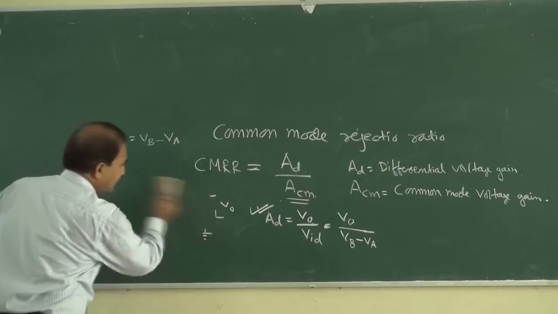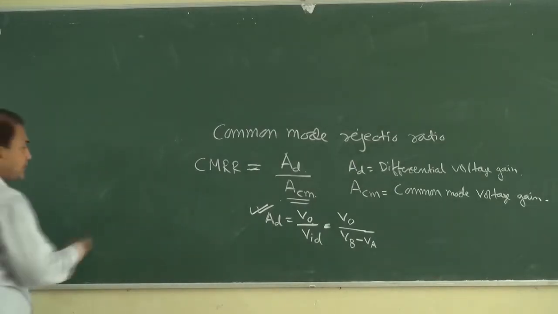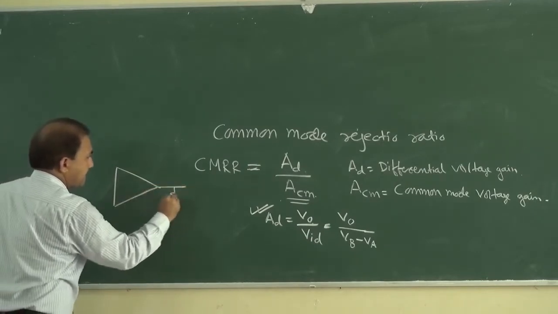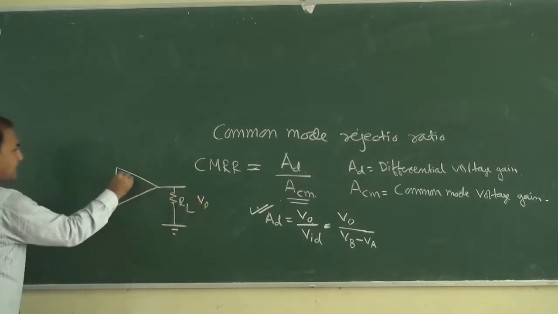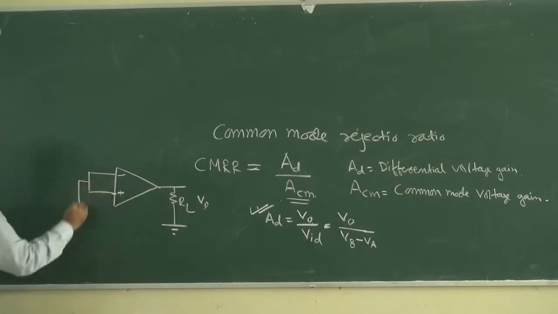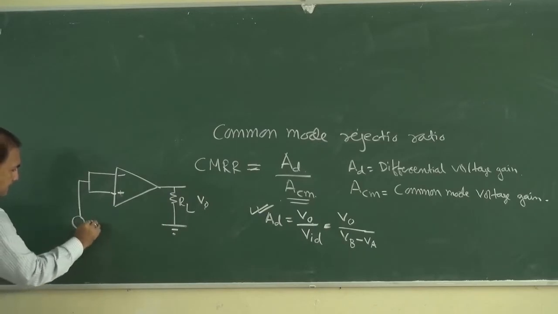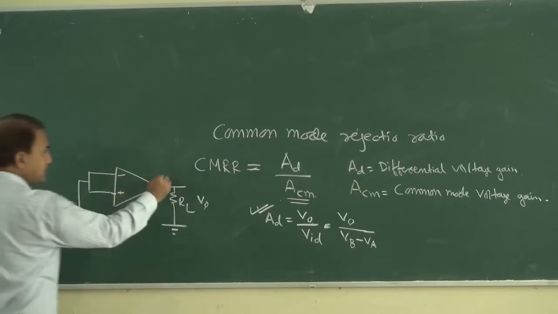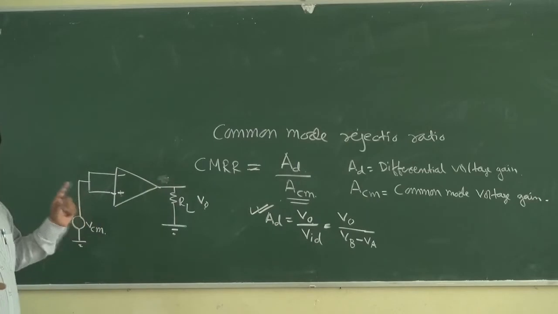Then how can we calculate common mode voltage gain? This is RL, V output. From this circuit we can determine the common mode voltage gain.